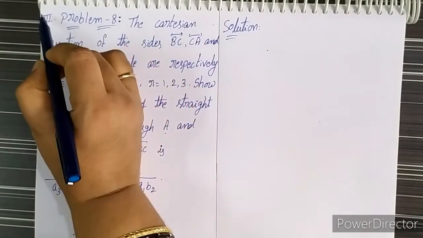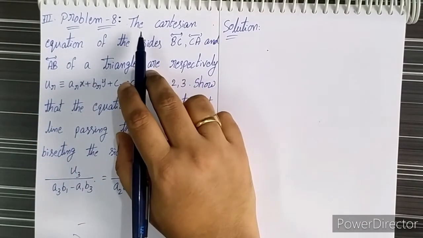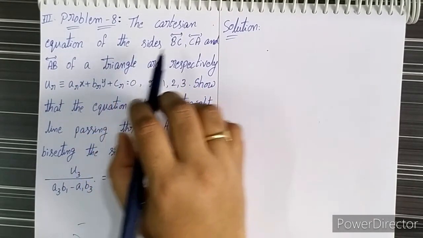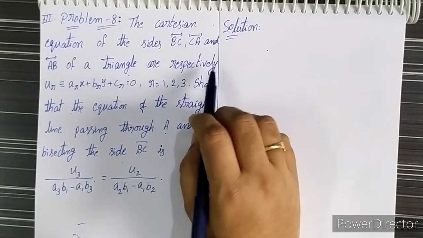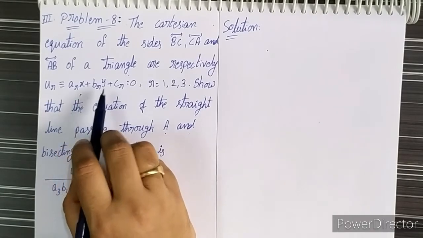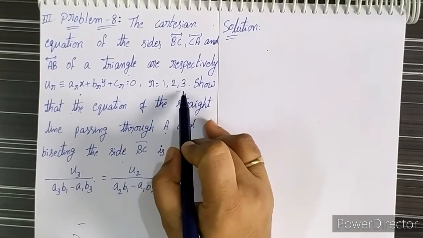Next, we will go to another problem in the same section 3, problem number 8. The problem is: the Cartesian equations of the sides BC, CA and AB of a triangle are respectively u_r identically equal to a_r x plus b_r y plus c_r equal to 0, where r equals 1, 2, 3.